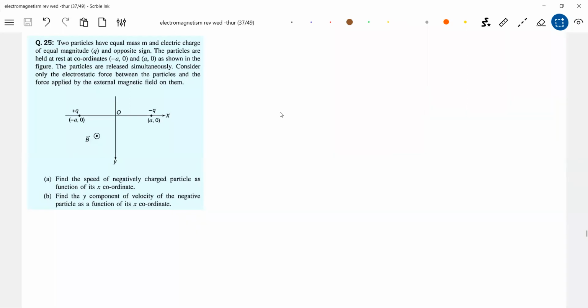Try to think in terms of the electrostatic force and also the magnetic force. Both the forces are acting. So what can be the resultant path here? Initially they are here.